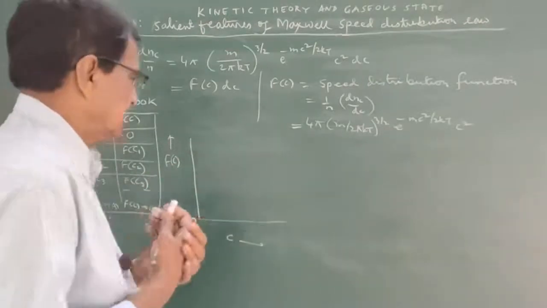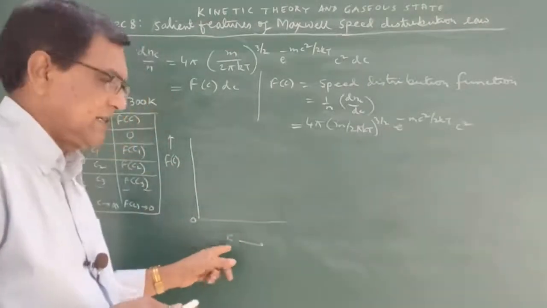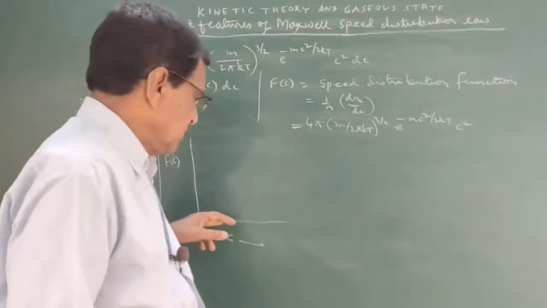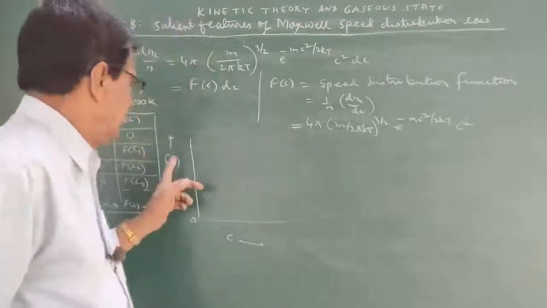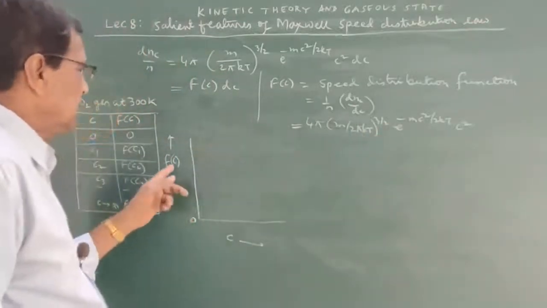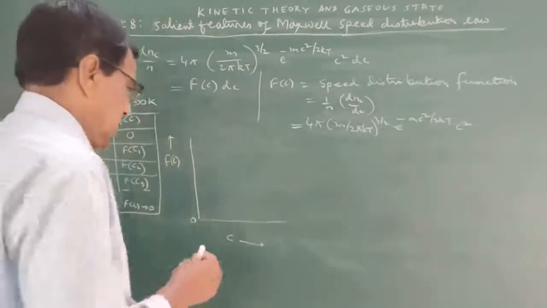We are drawing Fc versus C. C is the independent variable, so it is plotted along the x-axis, and Fc is dependent on C, so Fc is plotted along the y-axis.